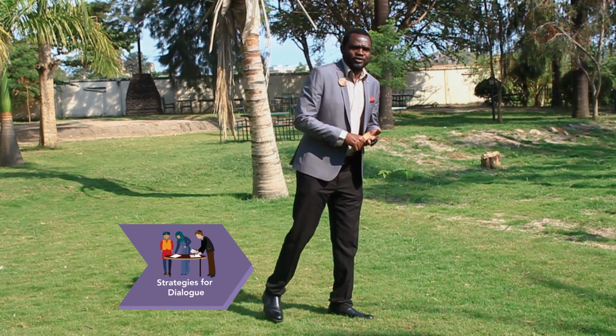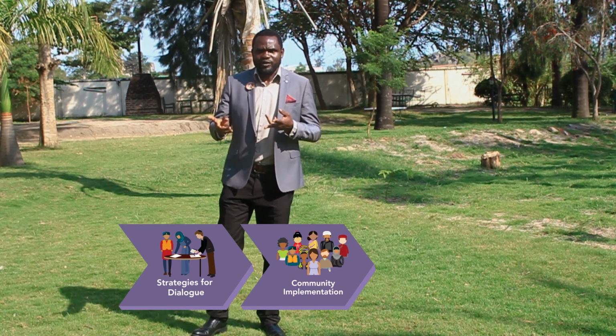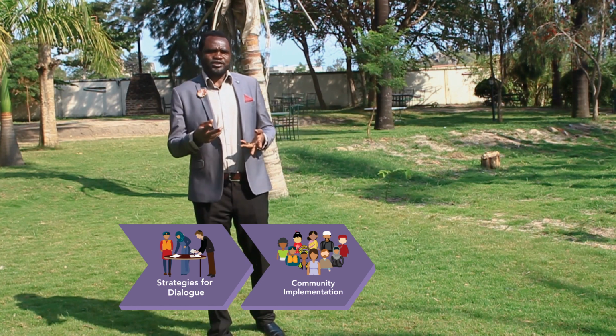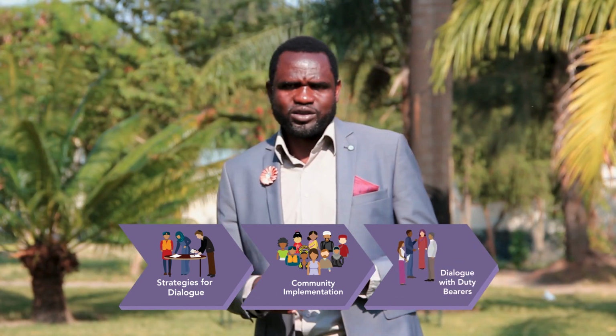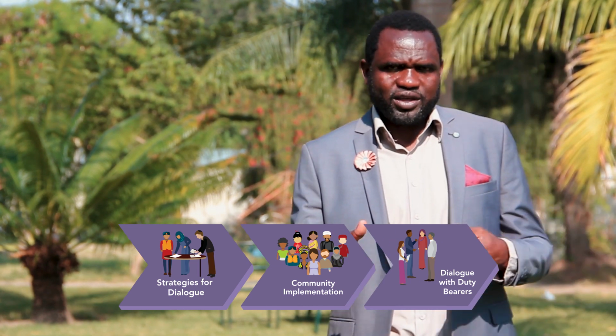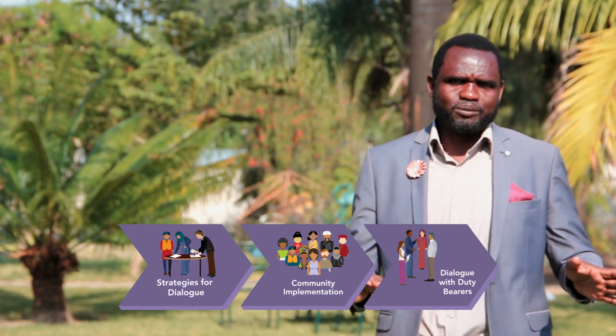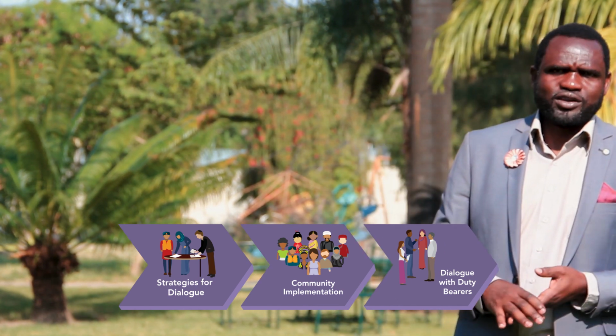In summary, the multi-stakeholder dialogue phase is made up of 3 steps. The first one being the strategies for dialogue, the second one being the community implementation, and the last one being the dialogue with the duty bearers and the other actors, together with different stakeholders ranging from community members, organizations, and so forth.